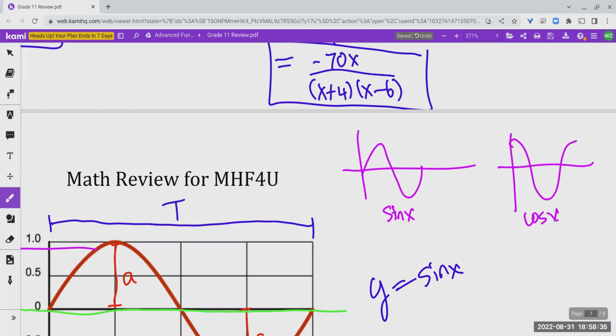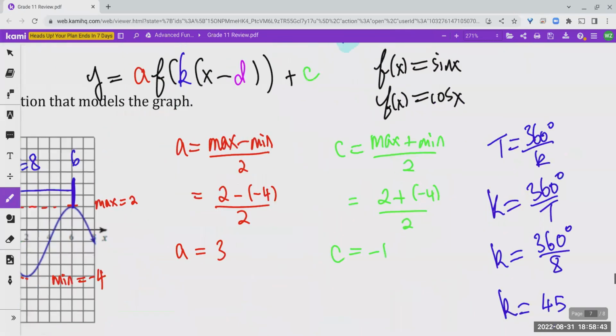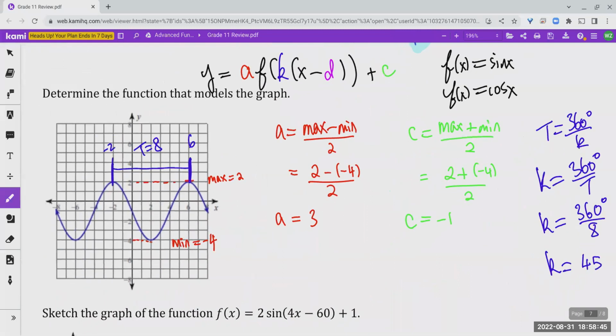So it's up to you. If the question doesn't specify which one you must use, sine or cos, it doesn't matter. You pick one. This question didn't specify. It just says find the function that models the graph. Well, I should say find a function that models the graph, because there are multiple functions that can model this graph. I'm going to choose cosine. 90% of the time, and I made that statistic up, cosine is easier.